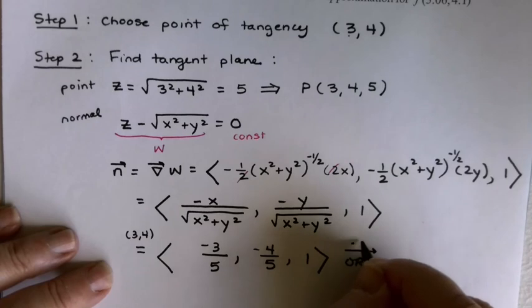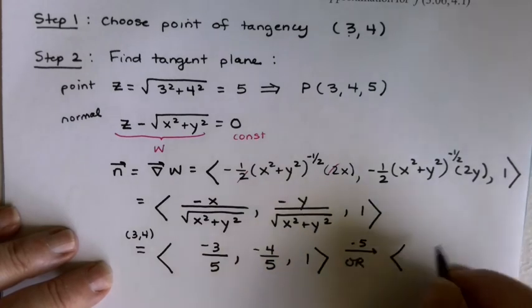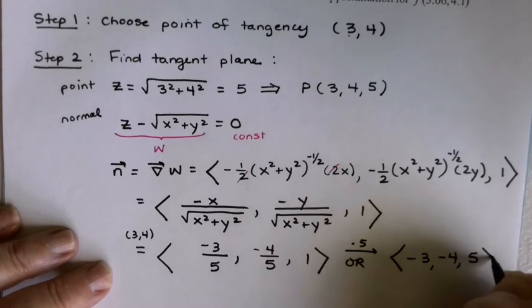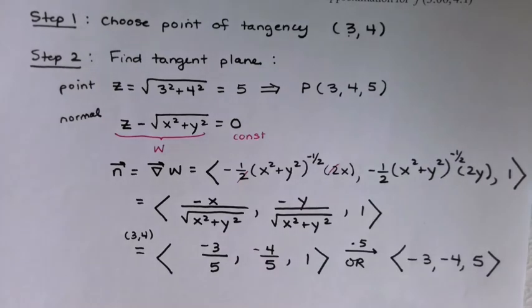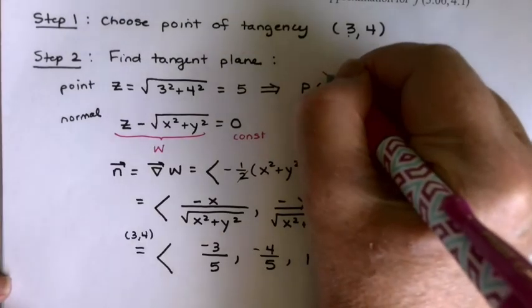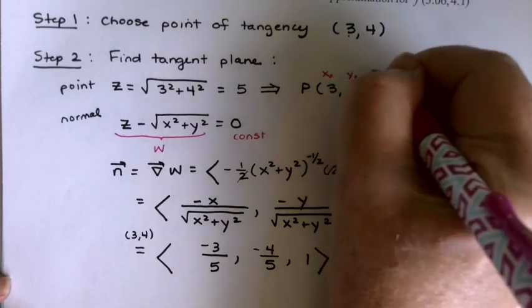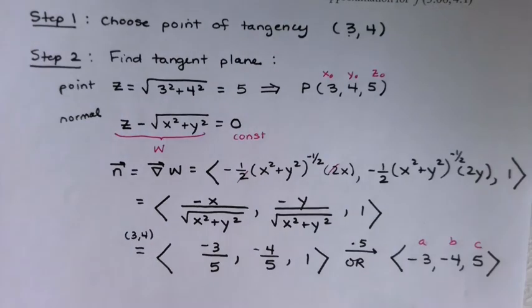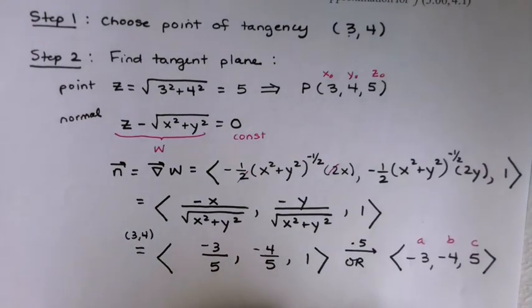Or if I multiply by 5, just so I don't have to deal with the fractions, I could use negative 3, negative 4, 5. So I've got the A, B, C for the normal vector, and I've got the x naught, y naught, z naught from the point, and I'm ready to find the equation of the tangent plane.